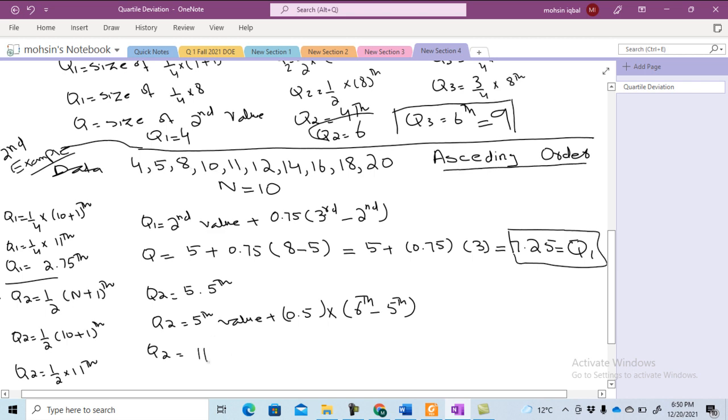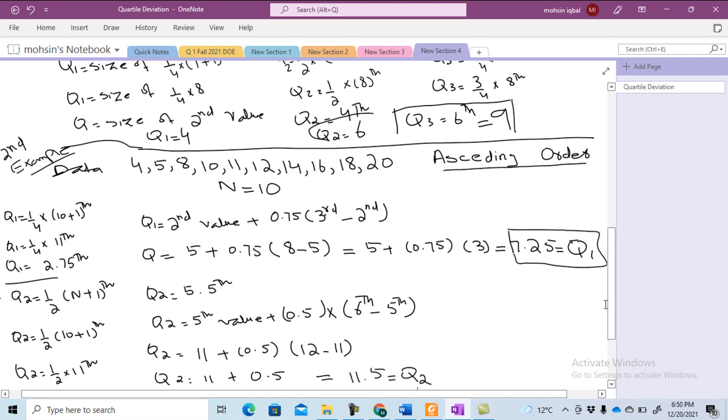So 11 plus 0.5 multiplied by (6th value minus 5th value). My sixth value is 12, so 12 minus 11 is 1, multiplied by 0.5 is 0.5. So Q2 will become 11.5. This is equal to my Q2.